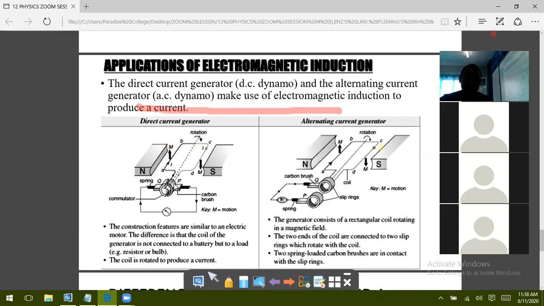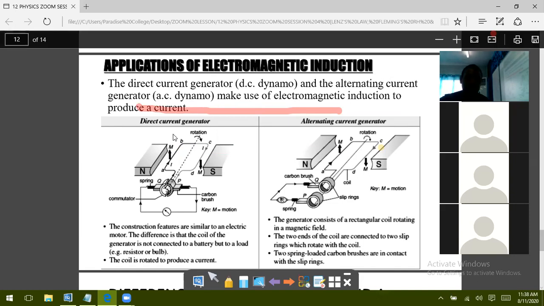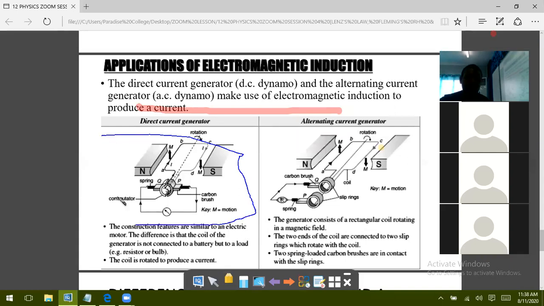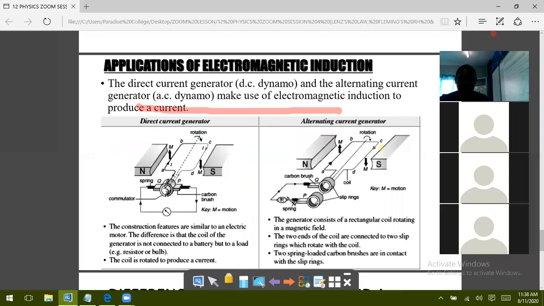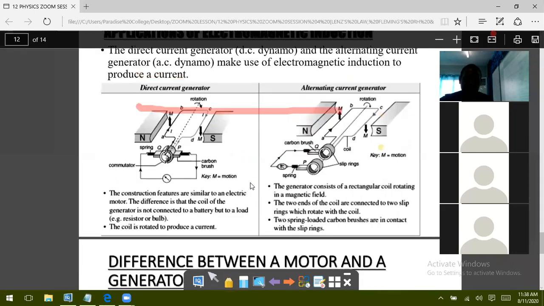Do you remember the simple motor? This diagram seems like the simple motor. In the final slide, I'm going to show you the difference. Let's move a little bit further down and check this out.